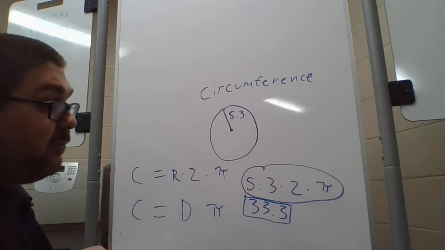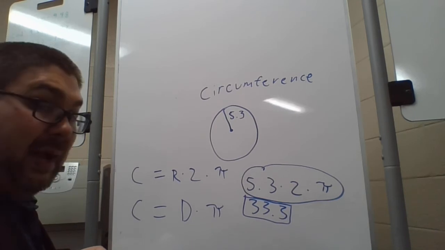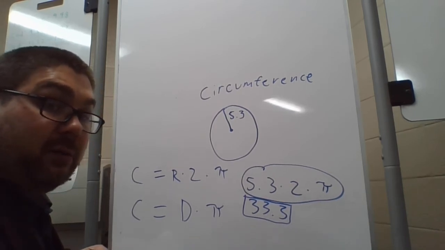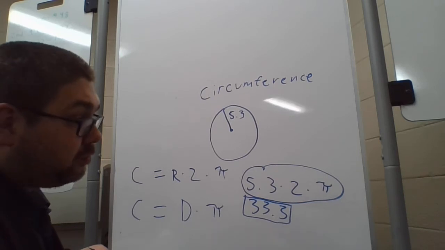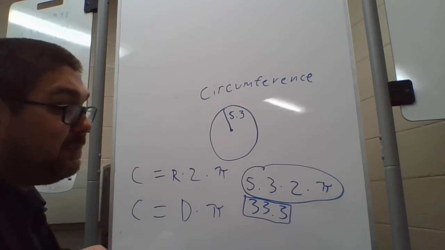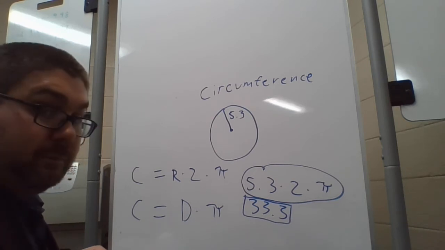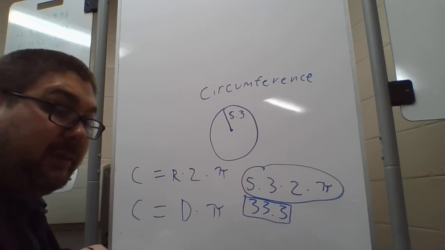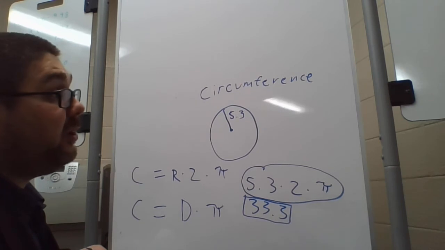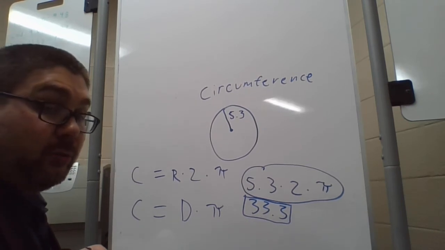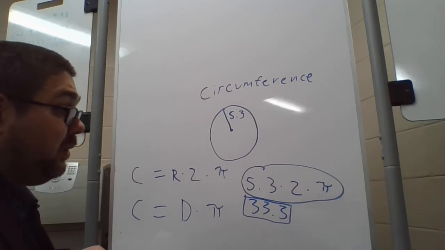On your calculator, you will have a pi button. Use it. 5.3, the radius, times 2 times pi. Pi is important. Without the pi button, we can't figure circumference. We also can't figure area of a circle, which we'll do in a moment.